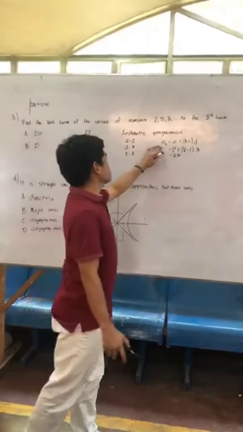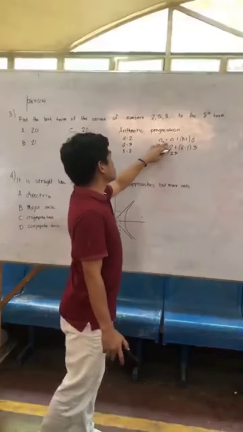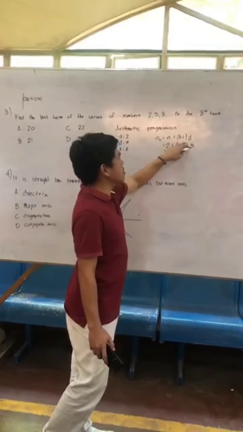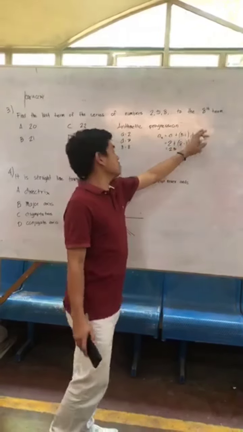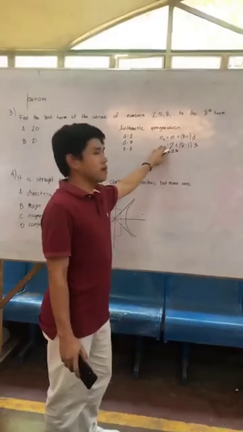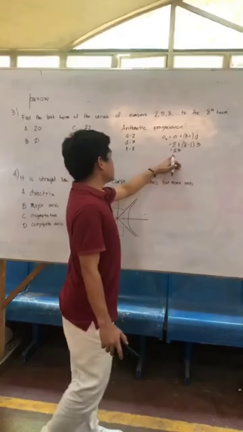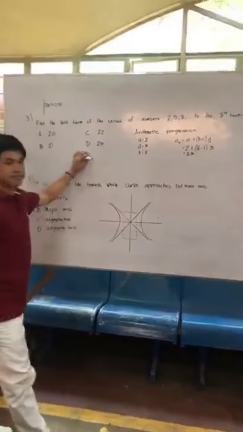So using the formula, a_n equals a plus (n minus 1) times d. So substitute: 2 plus (8 minus 1) times 3. And the answer is 23.